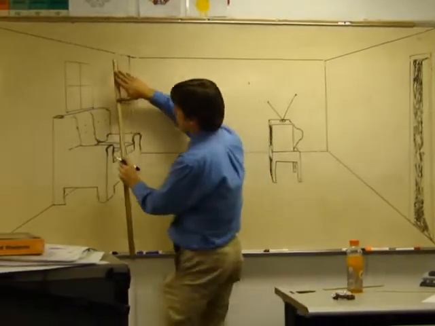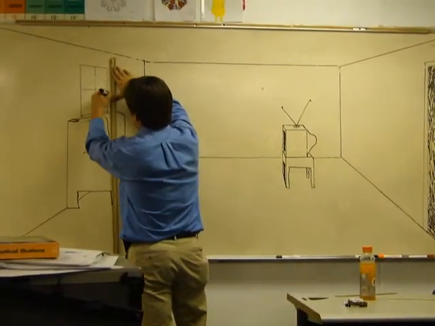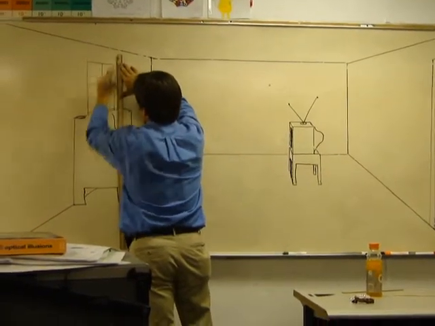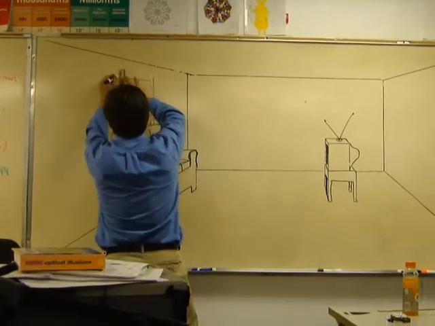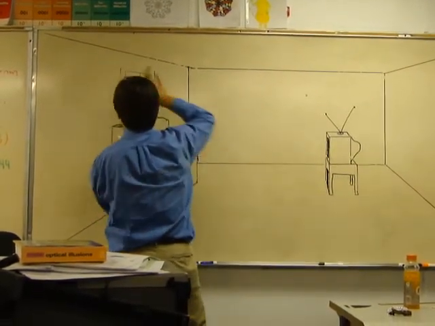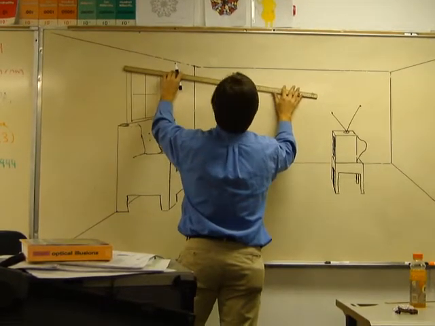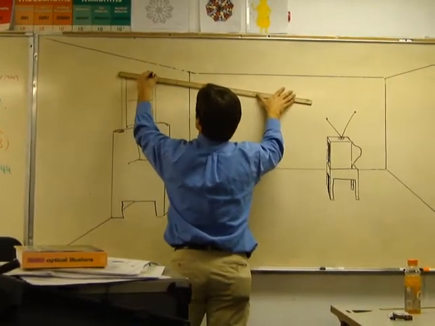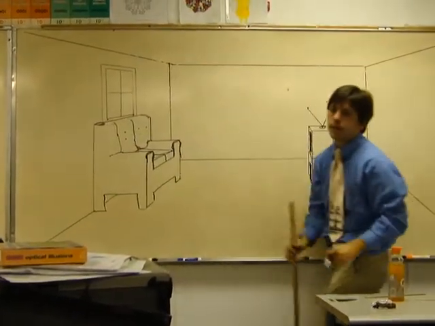So we'll make vertical lines around it that go up above it. And then we'll connect those, again using the vanishing point, to finish our frame. Nice.